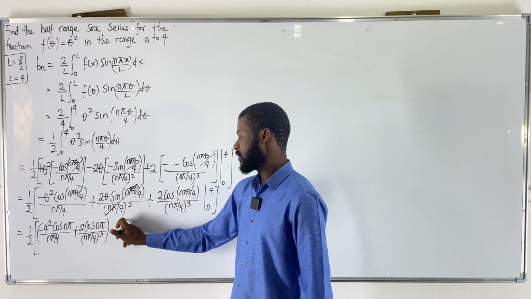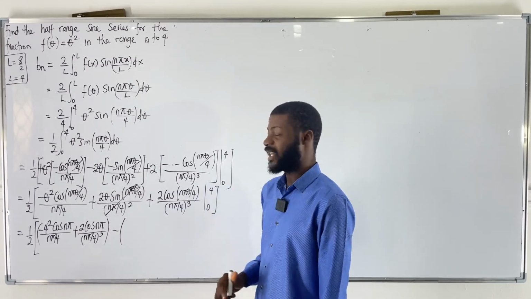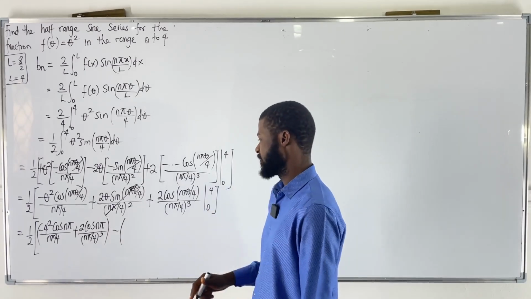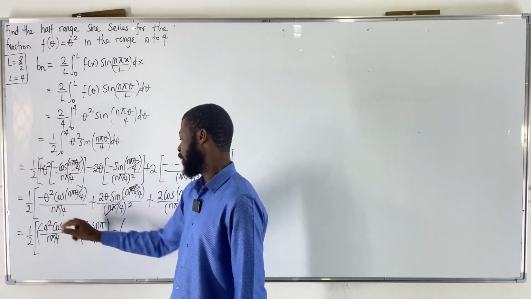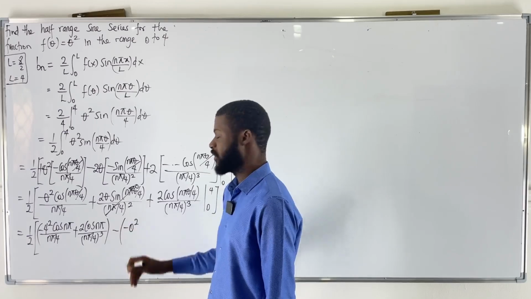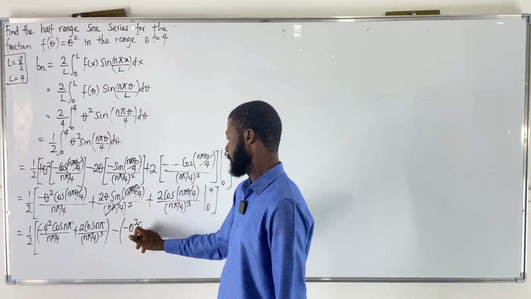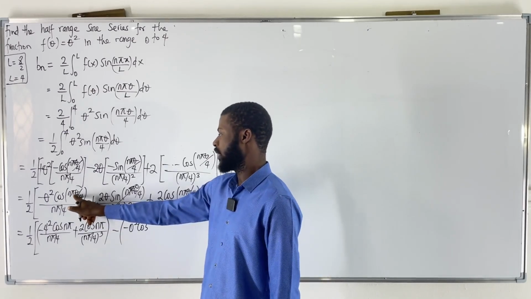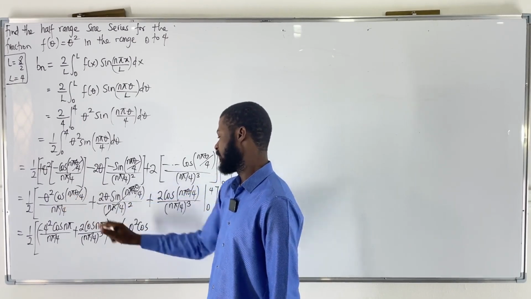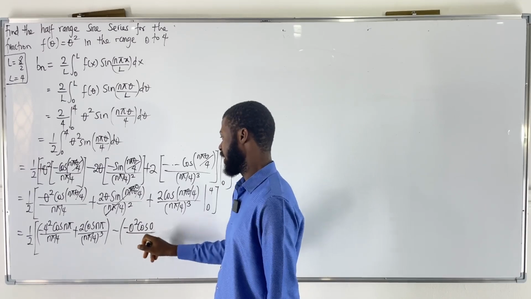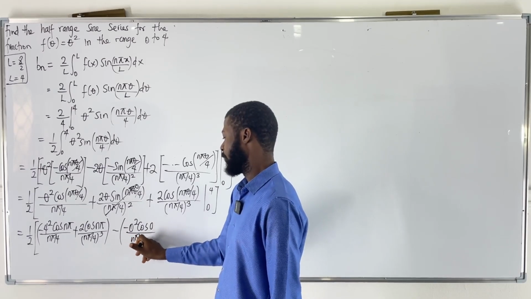Then minus, the lower limit, theta will be 0. Theta is going to be 0. So if theta is 0, this will become minus 0 squared, which is basically still 0. Cosine of, when you put 0 here, n pi times 0 is 0, 0 over 4 is still 0, divided by n pi over 4.